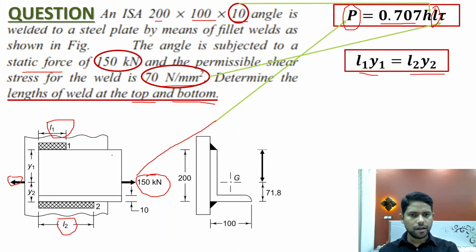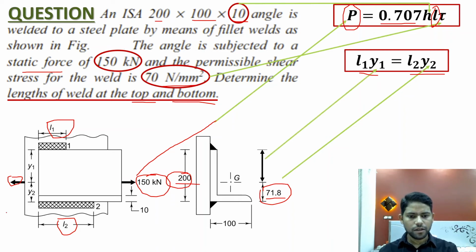Now the value of Y2 is given in the question, which is 71.8 mm, and the total length is given as 200 mm. So in order to find Y1, you can subtract 71.8 from 200, and you will get the value of Y1, which is shown in the figure as this length.